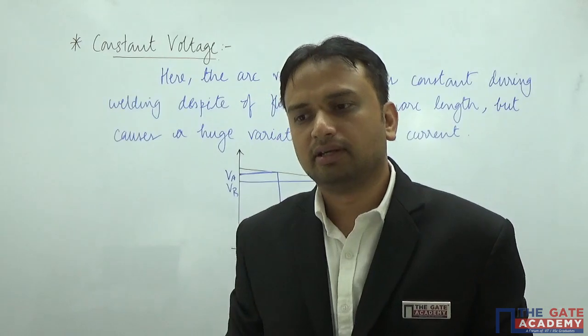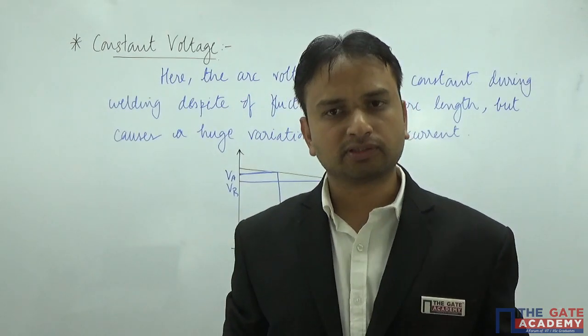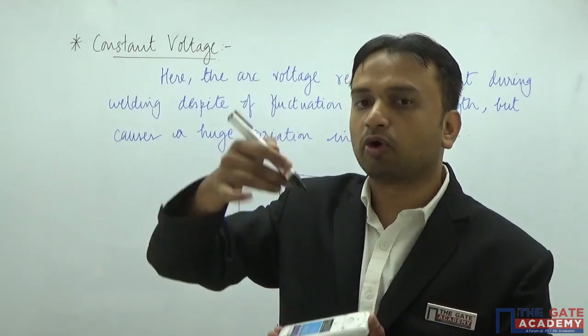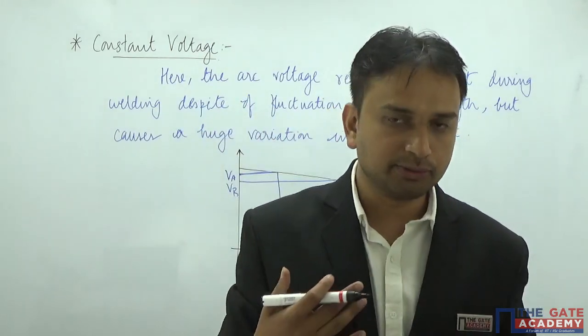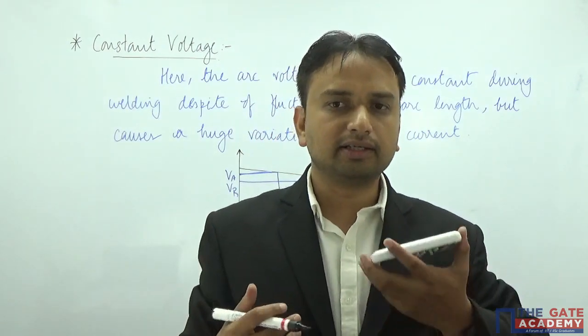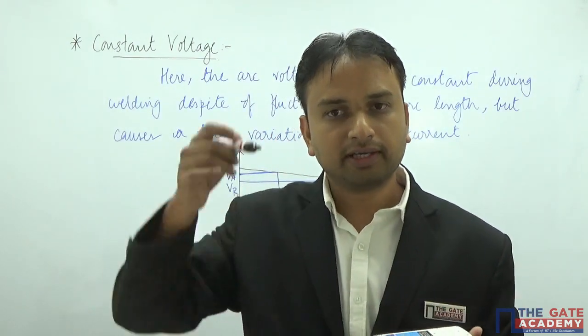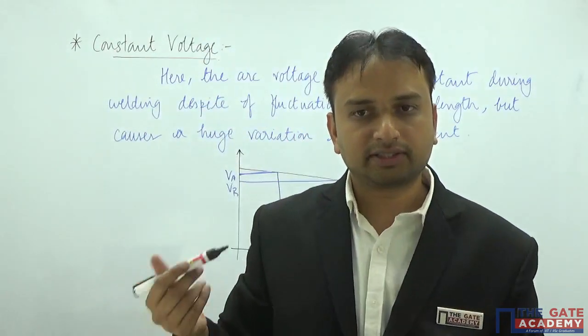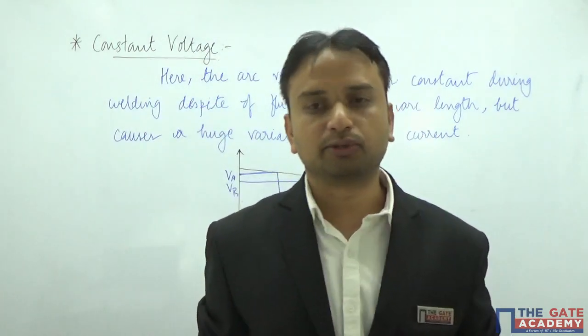Just imagine a MIG process or submerged arc welding process where the electrodes are fed automatically. They are fed using servo controllers, and by sensing the required amount of feed, these servo controllers feed the electrode.